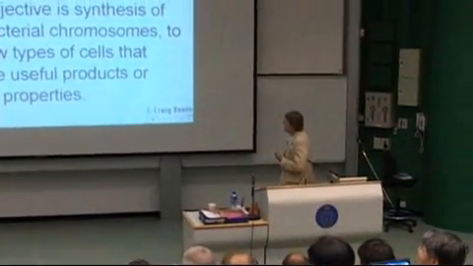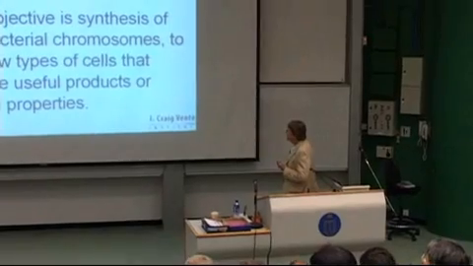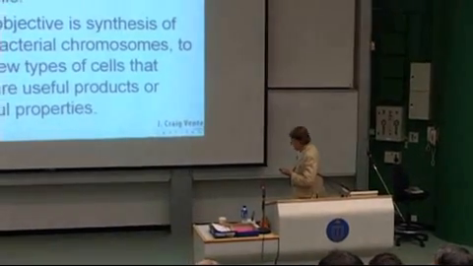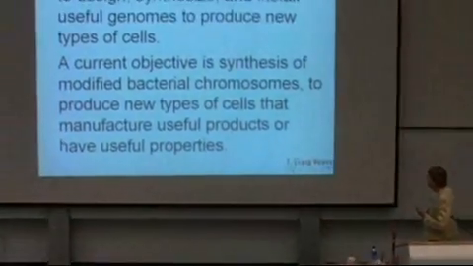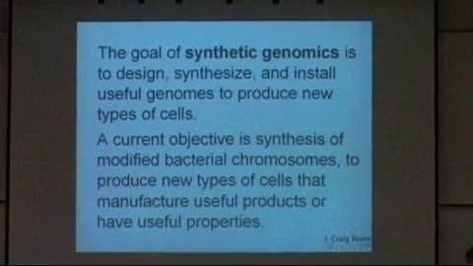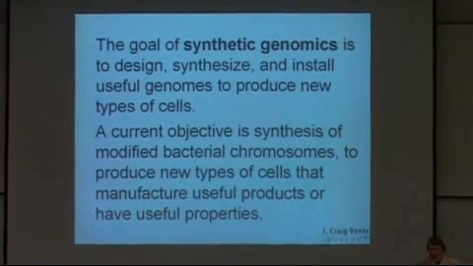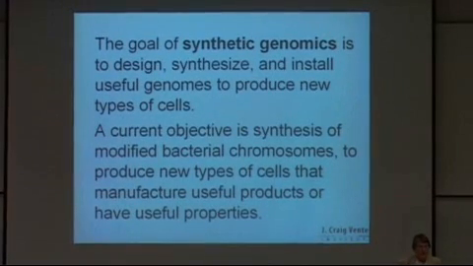And the current objective of this work is to make bacterial chromosomes, which could be used to produce new cells that have useful properties or make useful new products.